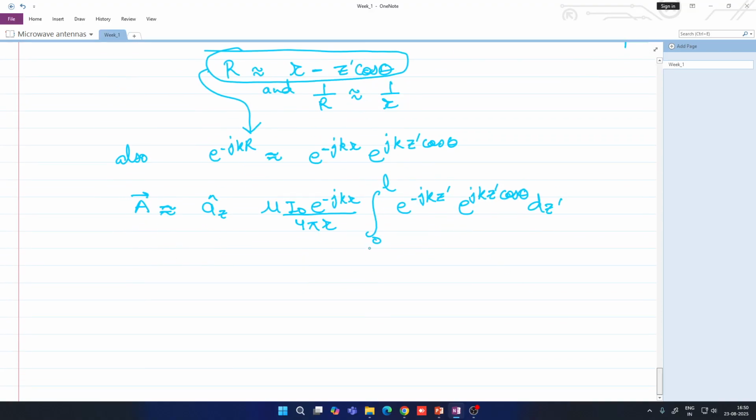In order to do that, let this integral be I of theta, because it's a function of theta. Now we have to evaluate this.